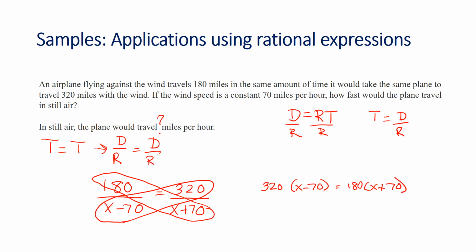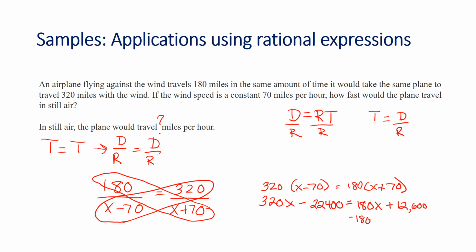We'll go ahead and simplify this equation. So 320 times x minus 70 times 320, 22,400, equal to 180x plus 70 times 180, 12,600.